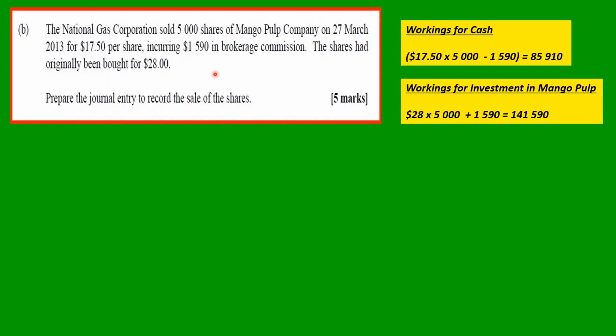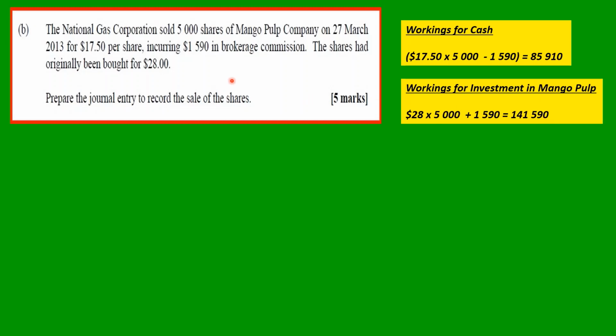So the original $28 per share, you would add on 1,590 to it. So $28 by 5,000 shares will give us 140,000. We add 1,590 brokerage commission to it, and we'll get $141,590.